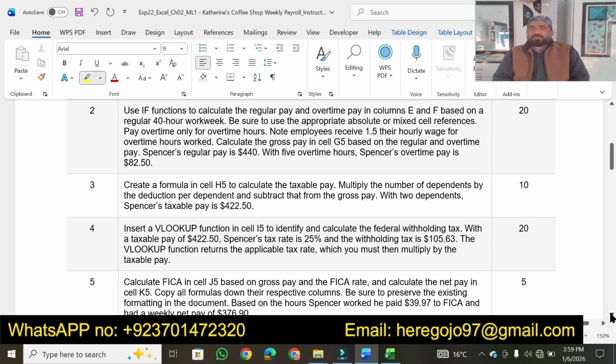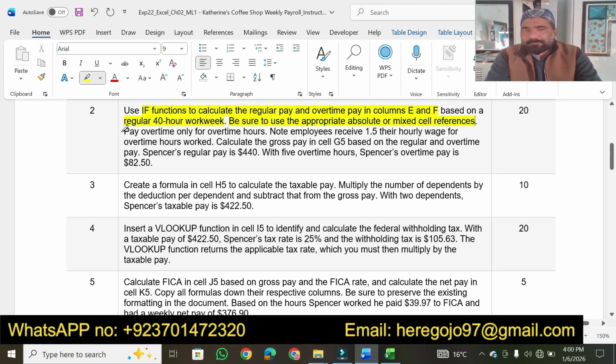After solving question number 1, now we are moving toward question number 2. Use the IF function to calculate the regular pay and overtime pay in columns E and F, based on a regular 40-hour work week. Be sure to use appropriate relative, absolute, or mixed cell references.